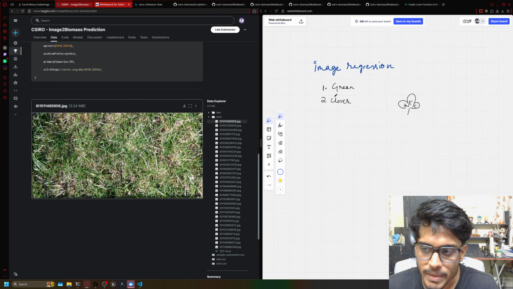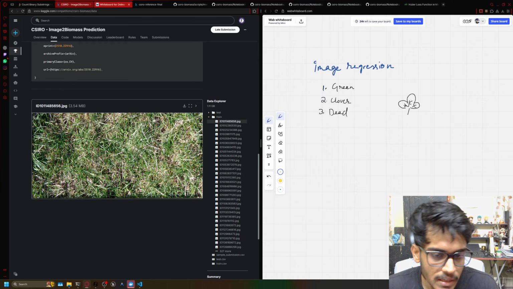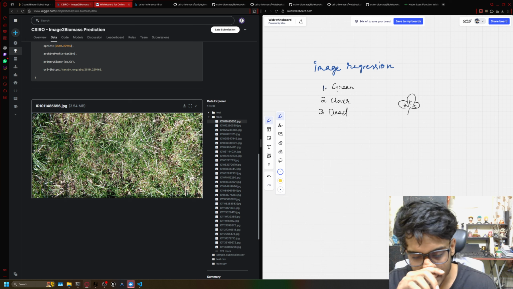So they wanted us to predict how much cloverness it has. The third one is dead. In this picture you can see the dried out yellow stems. Those are dead particles, because if cattle eat them, they will not get much health benefit. So they wanted us to predict this.